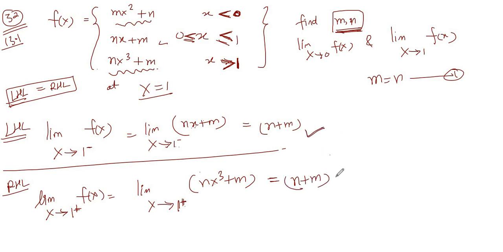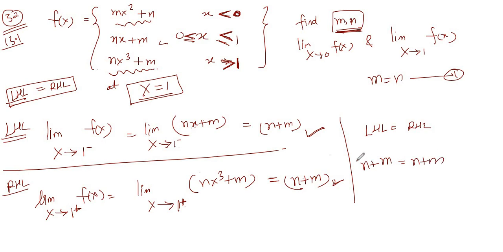So this is LHL and this is RHL. Correct? For the limit to exist, LHL should be equal to RHL. So n plus m is equal to again n plus m. This is my equation 2.